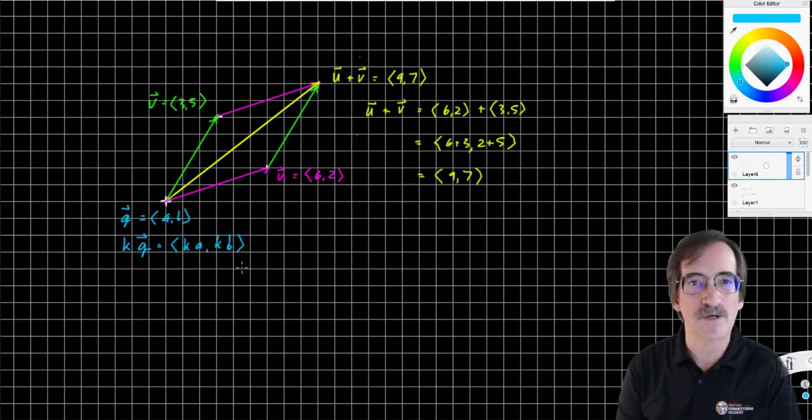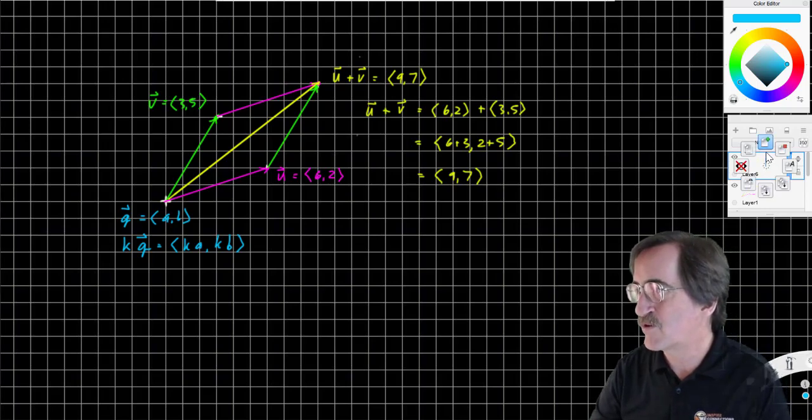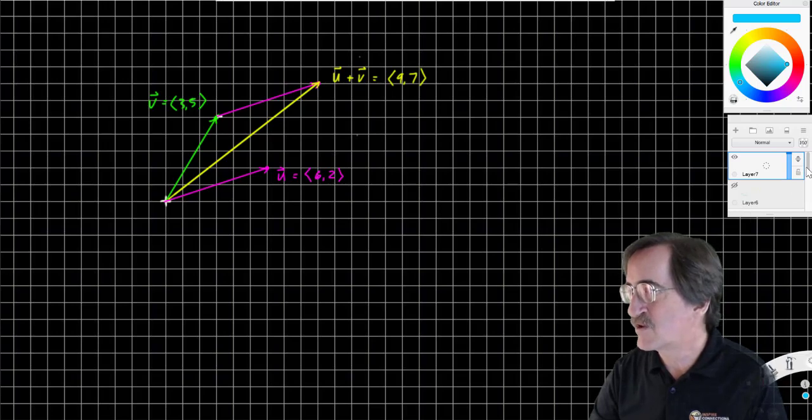In geometry we call this a dilation, right? And so let's do one that's more involved. It's not going to be really very complex, but definitely more involved.